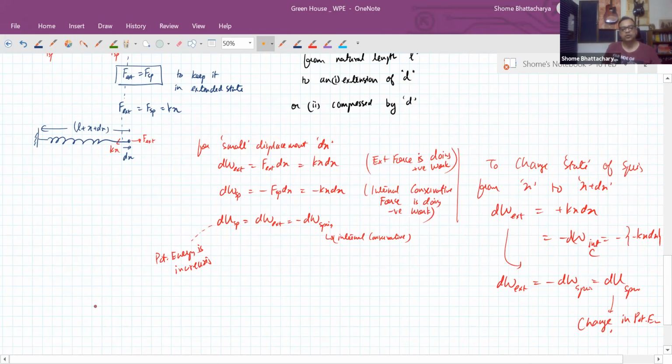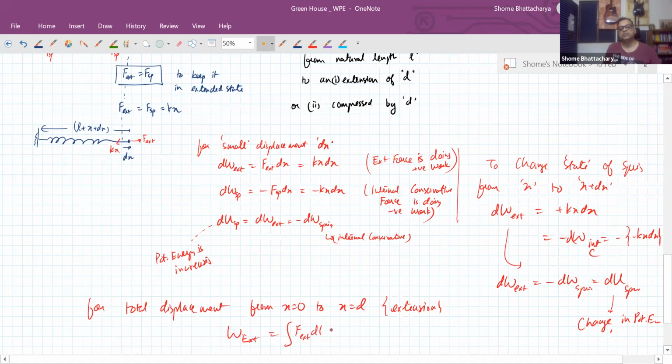Okay, so now for the total displacement from x equal to 0 to x equal to d, extension of d, work done by the external agent will be integration of this.